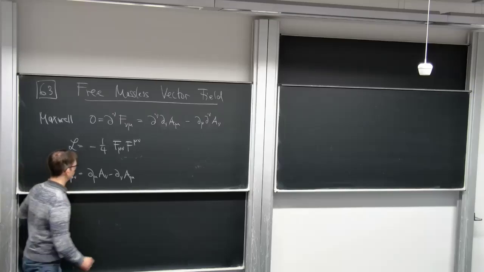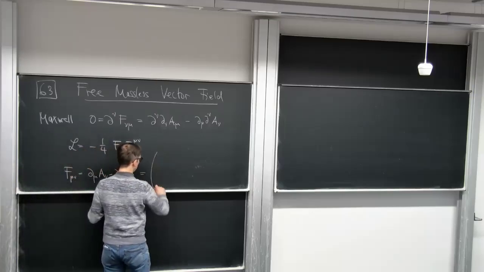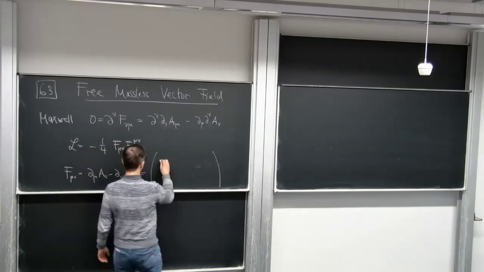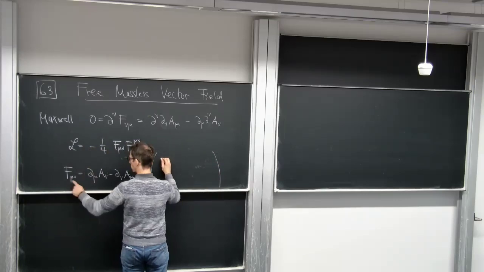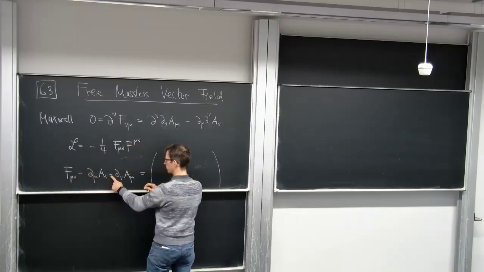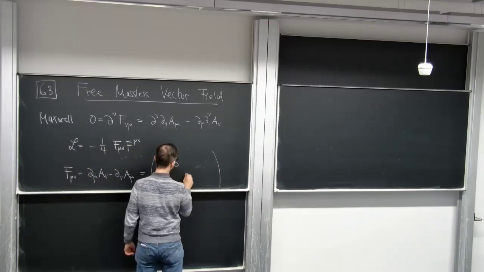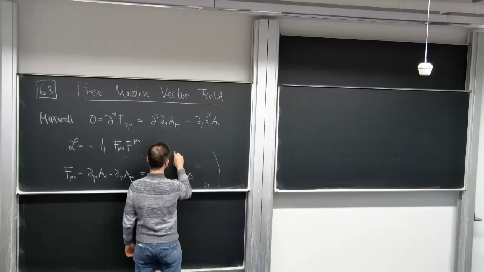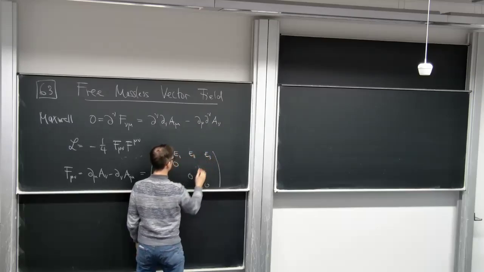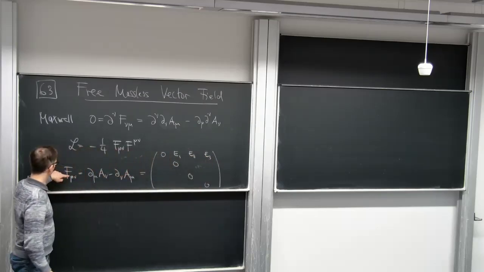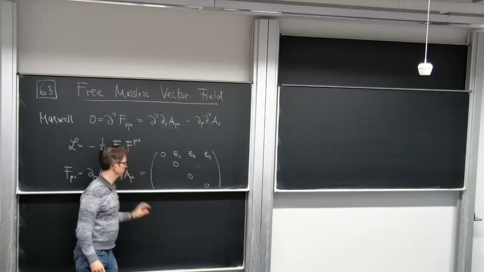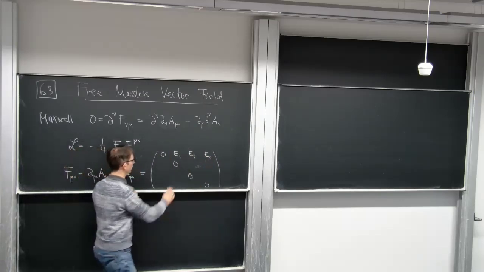So if you write this thing in terms of the more familiar electromagnetic field, then this is 4 by 4, mu is 0 to 3, and it's antisymmetric. There's nothing on the diagonal, and then you have the E field in the time component. So my first index is 0, then the first index is time.